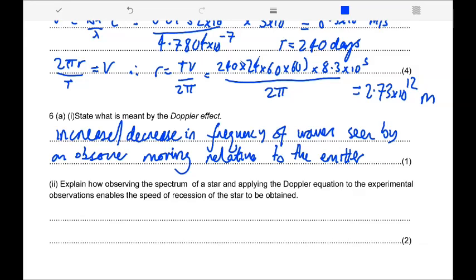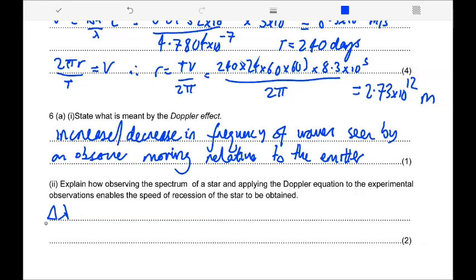And then explain how observing the spectrum of a star and applying the Doppler equation to the experimental observations enables the speed of recession of the star to be obtained. So we've already done this in the previous several examples, but we can measure a change in the wavelength. Let's start with the equation.